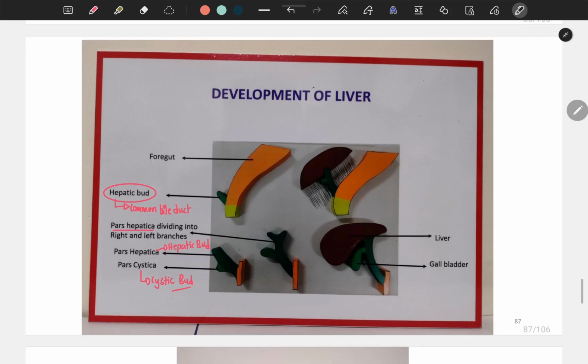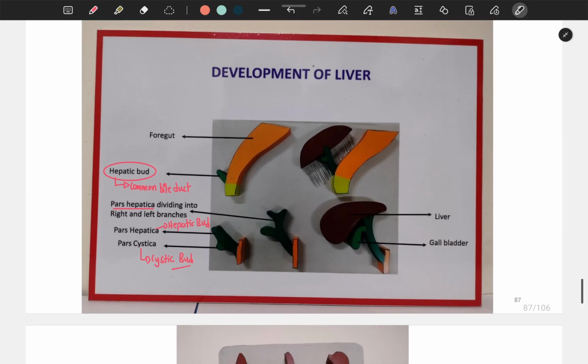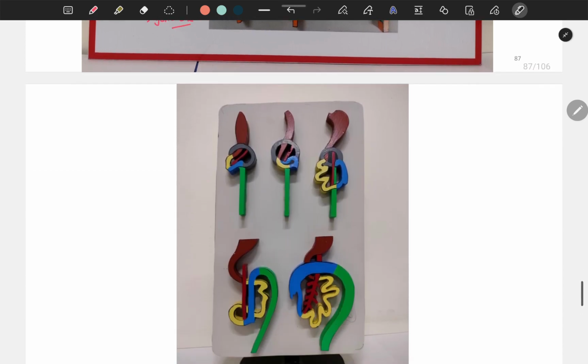Okay, this is about the development of liver. Pars hepatica, that is called hepatic bud, and pars cystica. This hepatic bud divides into right and left and forms the liver, and the gallbladder will be formed.